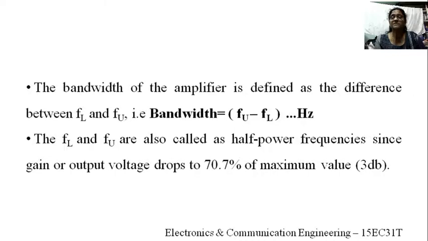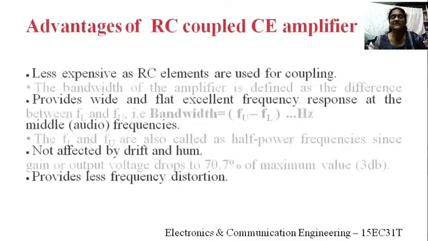If we plot the graph of gain in decibels, that is 3 dB lower, right? So this is about the frequency response of an RC coupled amplifier.